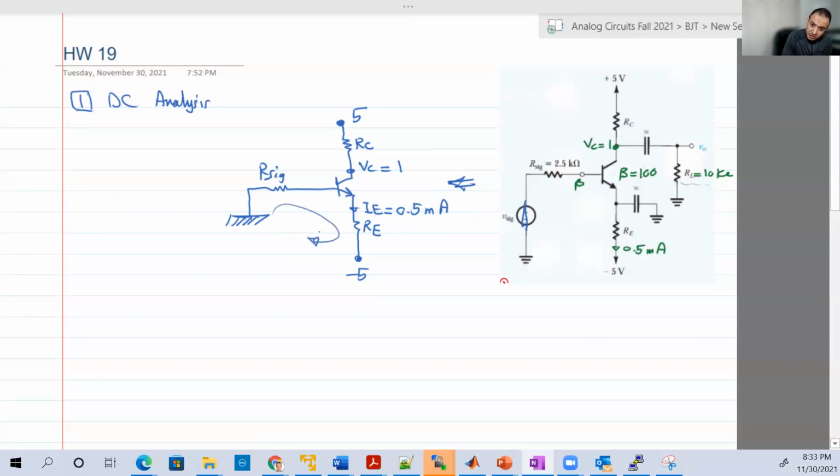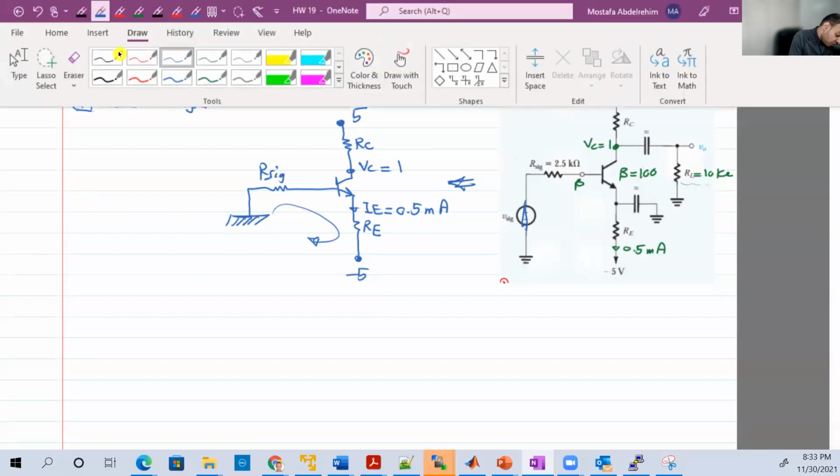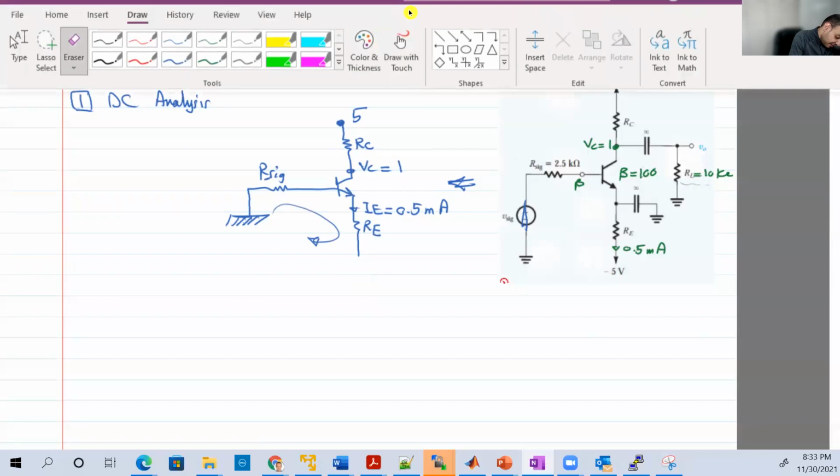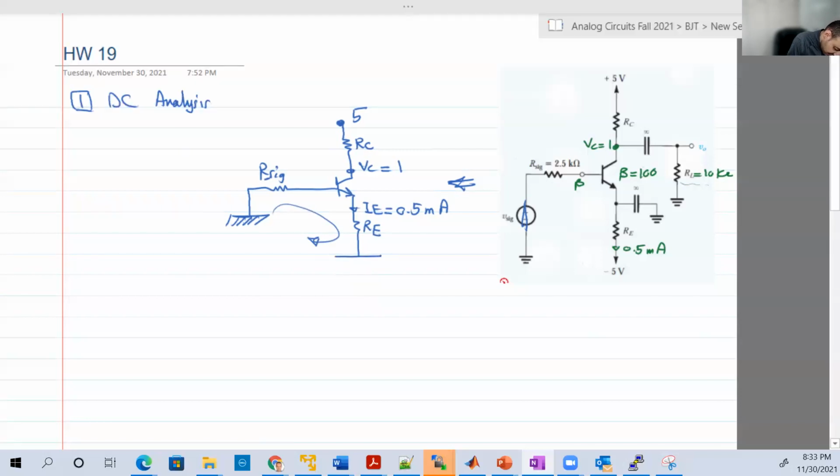One may say there is no loop here because maybe he's confused by the -5. So you can just remove this -5 and put a battery like this. It's -5.